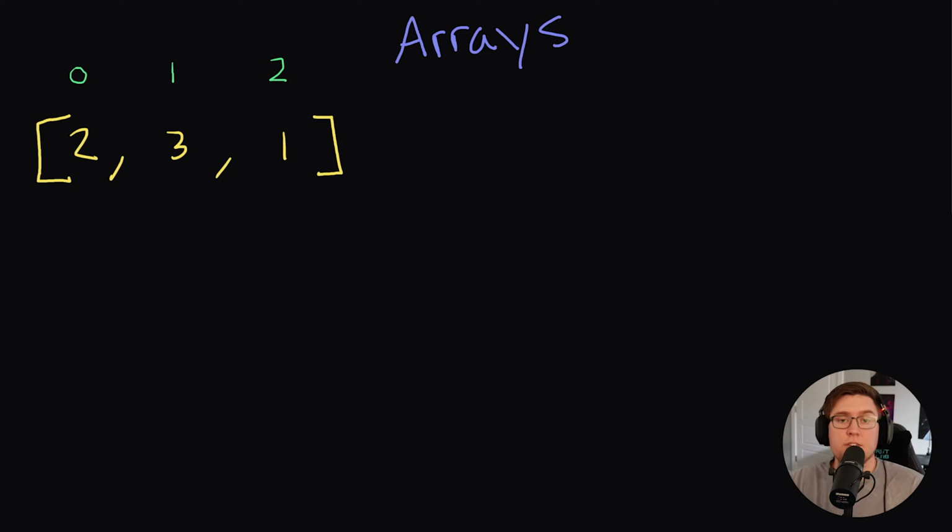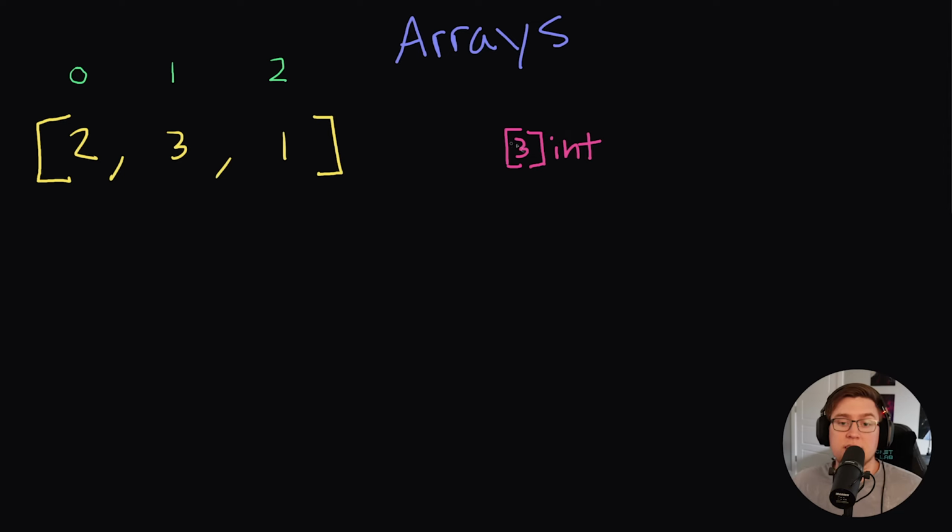Now, here's the big difference between arrays in Go and arrays in JavaScript or lists in Python. In Go, arrays have a fixed size. So the type of this array would be [3]int. Inside of the square brackets, we indicate the size of the array, and after that we indicate the type of thing in the array.